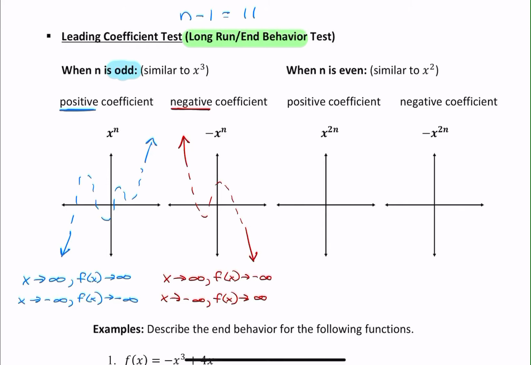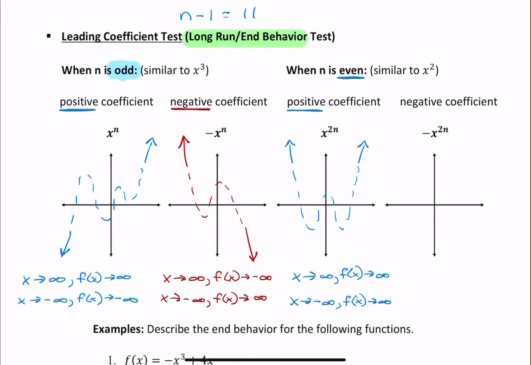Now the other situation, if your power is even, but your coefficient is positive, it's going to do what x squared, a quadratic, would do. Both ends will go up. Now it could do, again, all kinds of twists and turns, but the ends will both go to positive infinity. So as x approaches infinity, f of x approaches infinity, and as x approaches negative infinity, f of x approaches infinity.